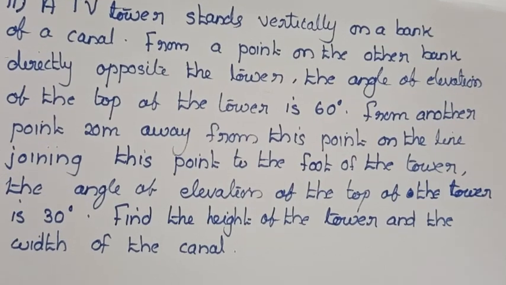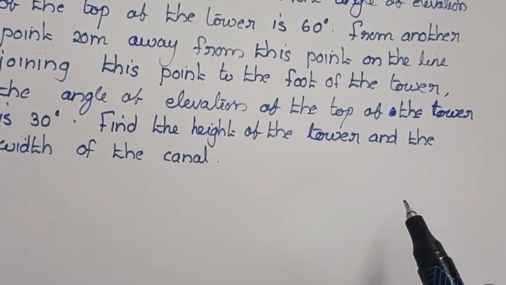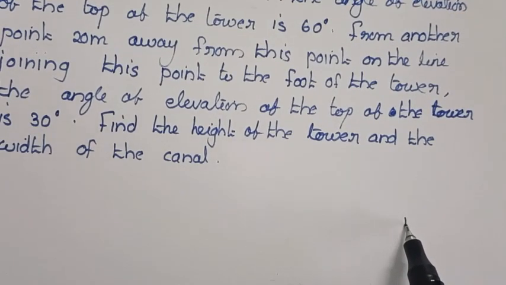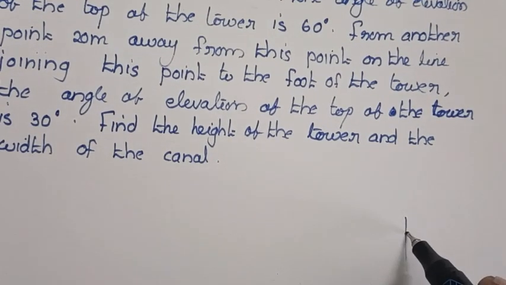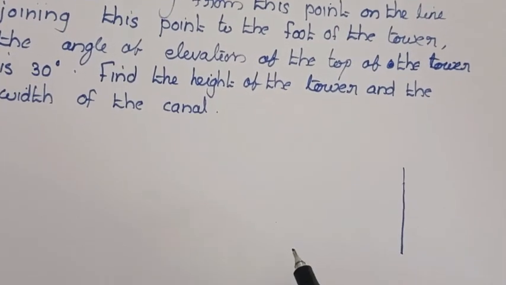A TV tower stands vertically on the bank of a canal. So first draw a vertical line. This is a TV tower. From a point on the other bank directly opposite to it, so from a point on the other side of the canal.